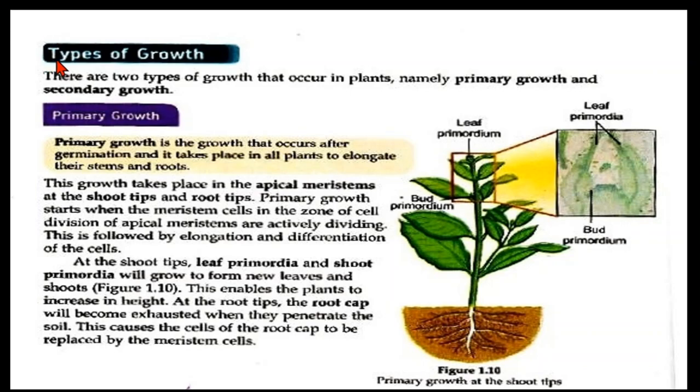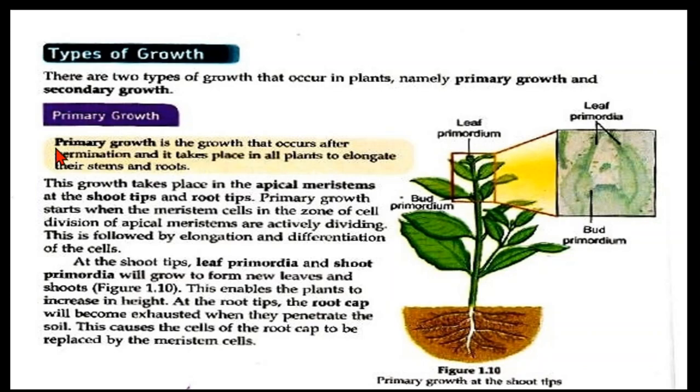Alright, so we continue. Types of growth. There are two types of growth in plants, which are primary growth and secondary growth. Okay, we go to primary growth first.